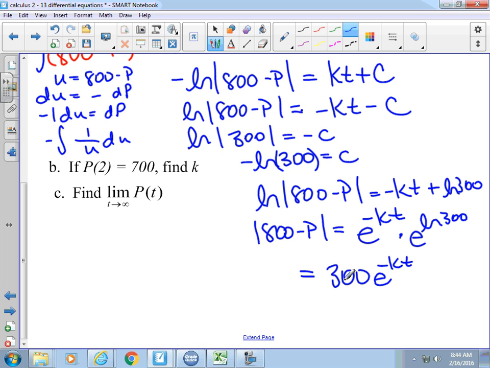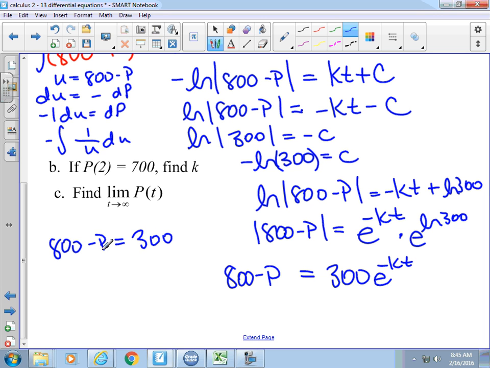So what would need to happen? Let's just put it in. 800 minus p. If this were 1, to get p to be positive 500. Let's try it really quick. This would just be 300, right? So 800 minus p, where p is 500.